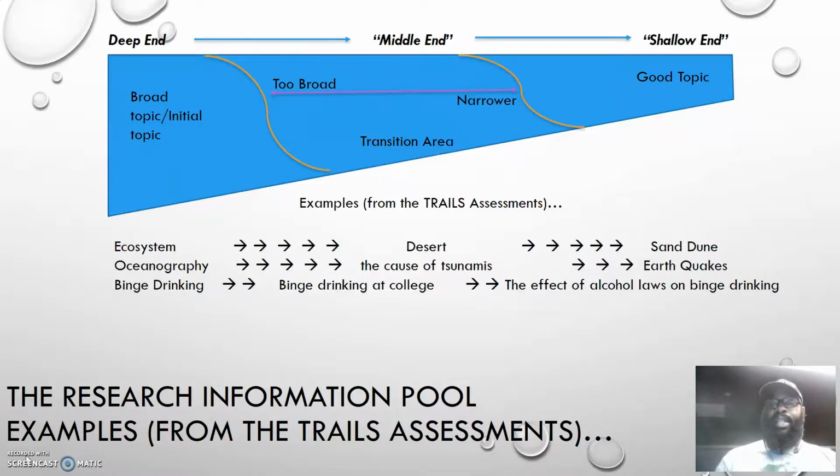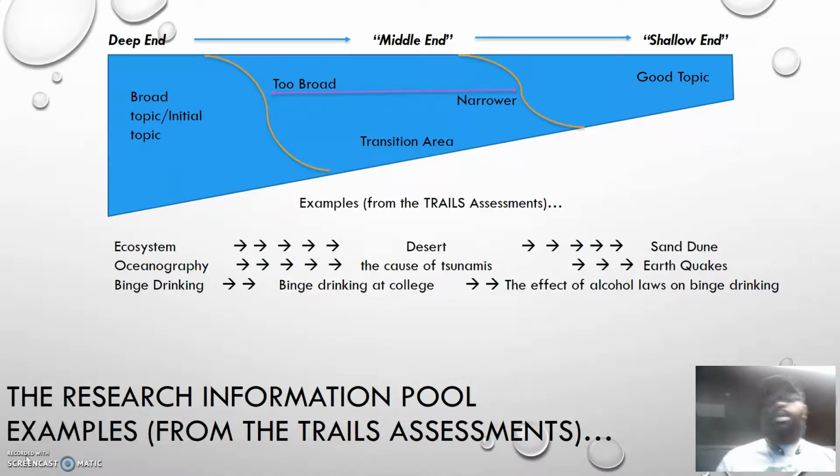Okay, so a desert is an ecosystem. It's one of the biomes, it's an ecosystem. So now instead of looking at all of our ecosystems, we're looking at one, the desert. And from there, our most narrow term or our good topic is a sand dune.